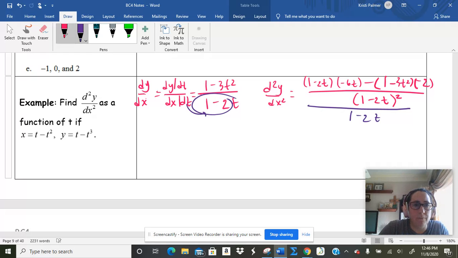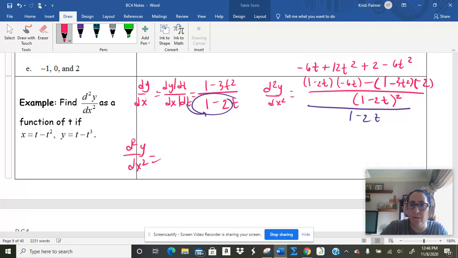So let's simplify. I'm going to distribute. So let's see, this would be negative 6t plus 12t squared. This would actually be a negative, and a negative is a positive, so plus 2 minus 6t squared.